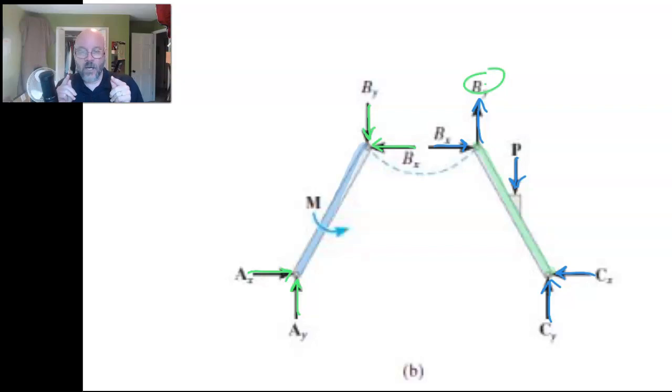As long as I make my BX's in opposite directions, it's fine. As long as I make my BY's in opposite directions, it's fine. So we don't really know which way BY goes, if it's actually down on the left one and up on the right one, or the other way around. We don't know anything about that yet.